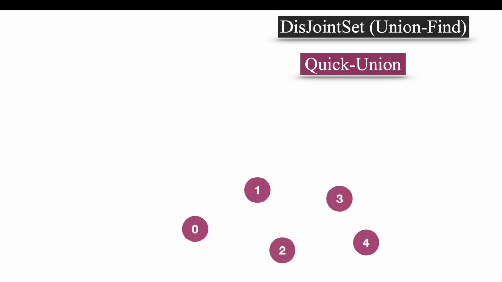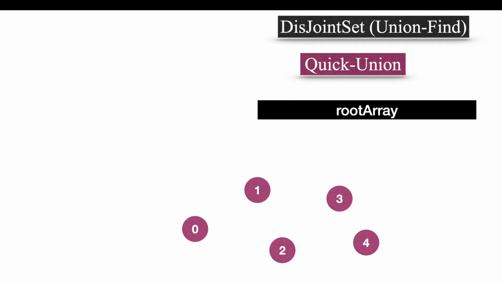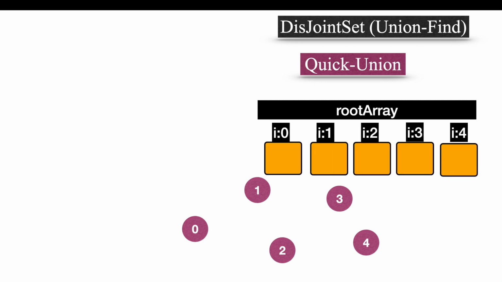Let's design a disjoint set with quick union. Assume you have a graph of size 5 with vertices 0, 1, 2, 3, 4. In quick union, we take a root array, where the size of the root array is equal to the number of vertices in the graph. Here the number of vertices is 5, so the root array size is 5.